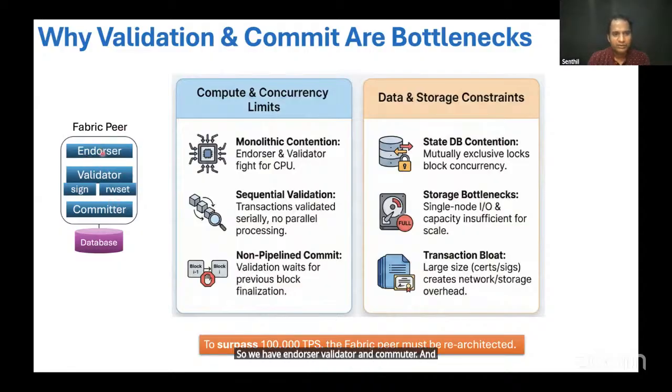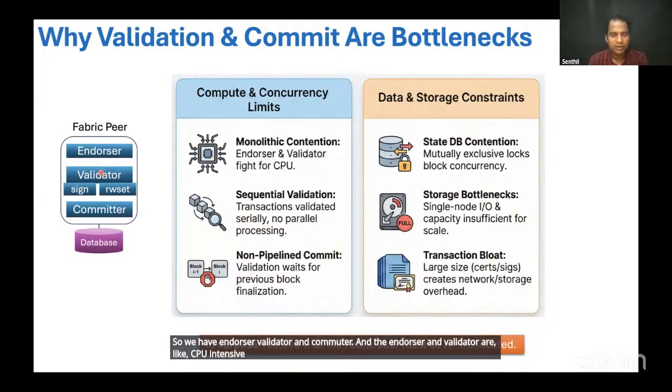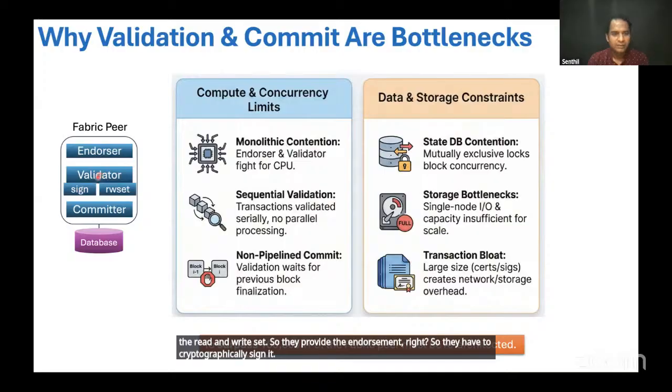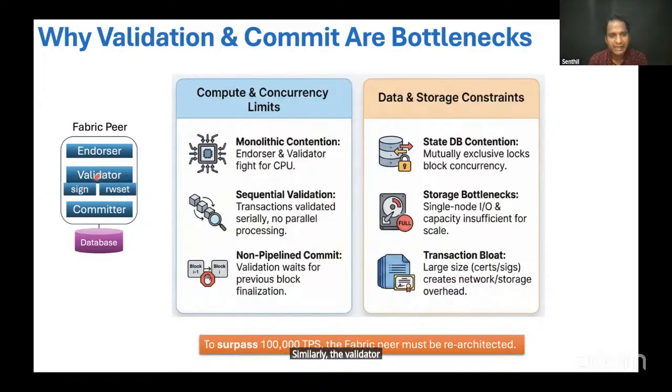The endorser and validator are CPU intensive. The endorser's task is to sign the read and write set, so they provide the endorsement and have to cryptographically sign it. Similarly, the validator has to validate the signature against the policy. Both of them are CPU intensive and they are contending for CPU. So that is one of the bottlenecks.